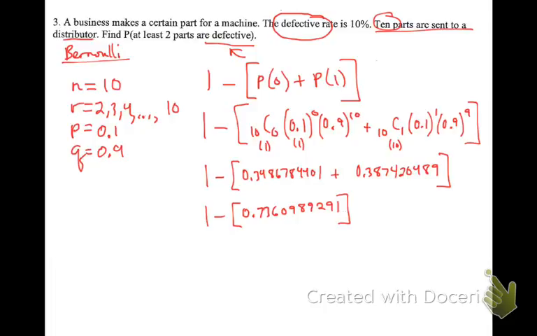Subtract that from 1, and that gives me 0.2639010709. So again, to the nearest thousandth, it's going to be 0.264. Pause the video and write down anything you need to.